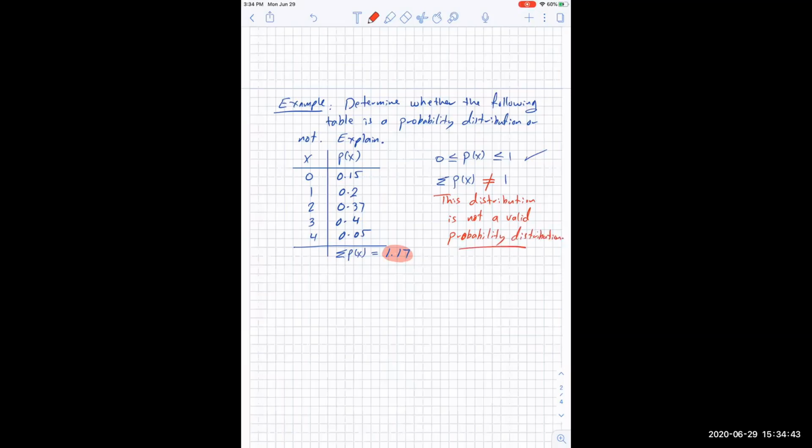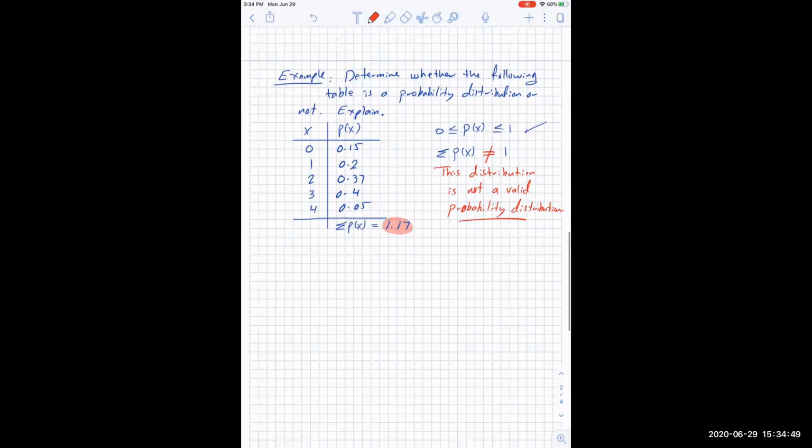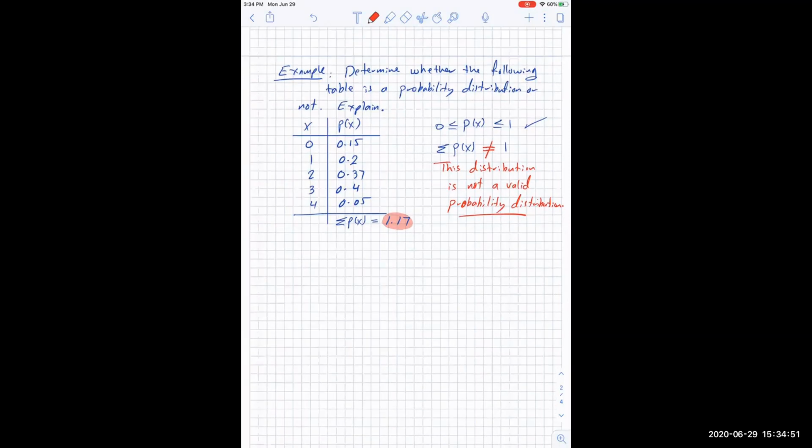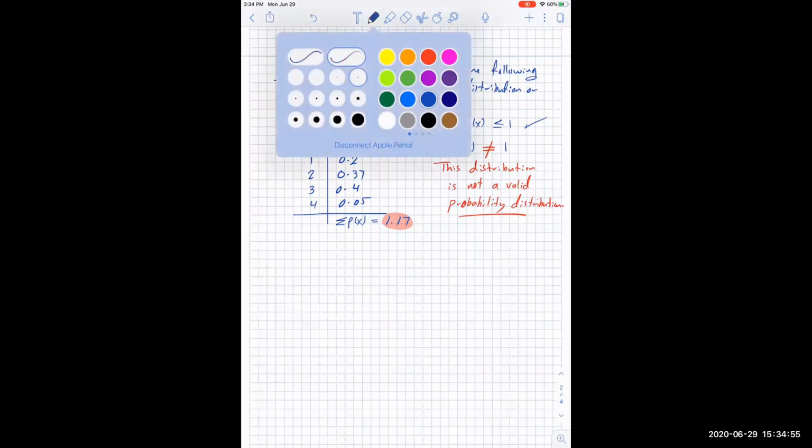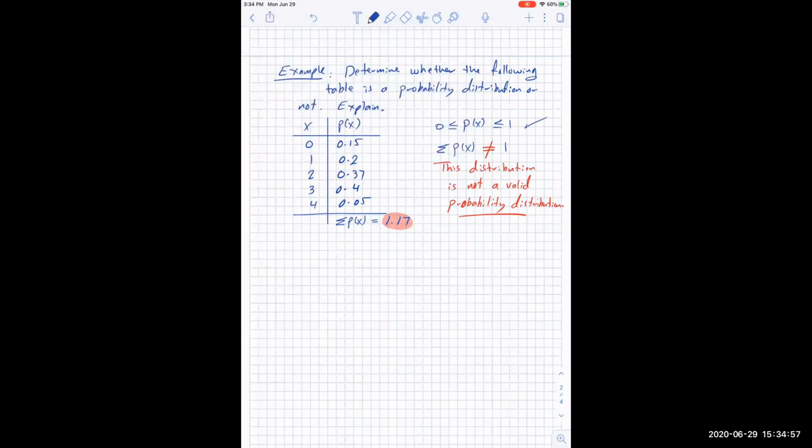Period. This is not a probability distribution. Let's check another one.